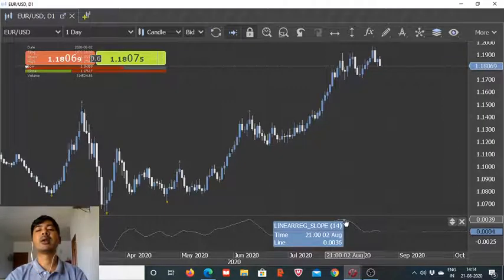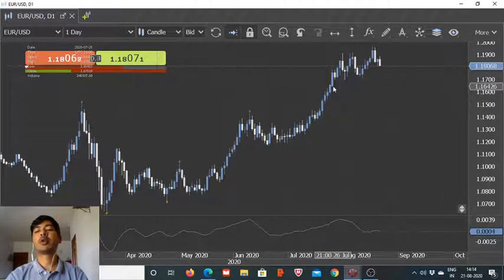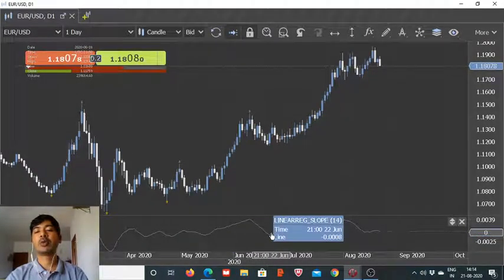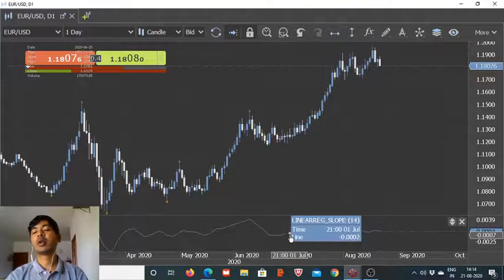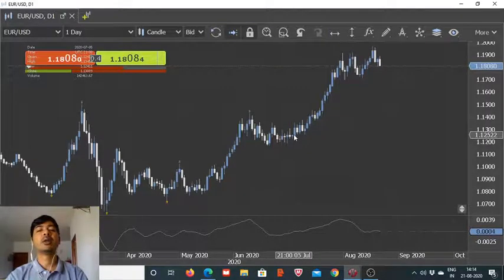That means that the bullish momentum is also not strong, so it's kind of indicative of sideways momentum here. Somewhere here also a similar kind of situation was prevailing, and here it had actually entered into a negative zone as well, and then after a couple of days of consolidation it bounced back in the positive territory, and then the price action again took an upward turn and has brought us pretty close to this 1.2 level.